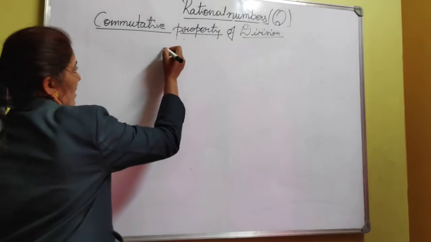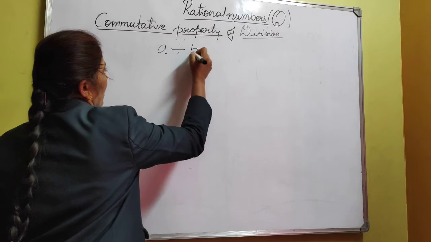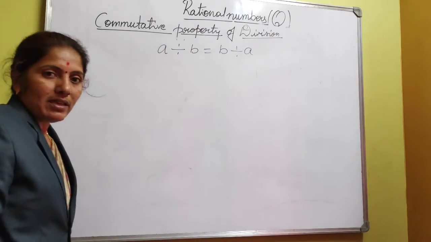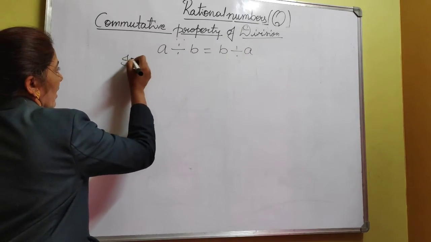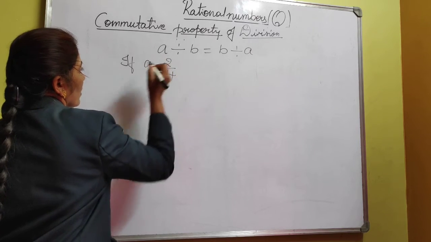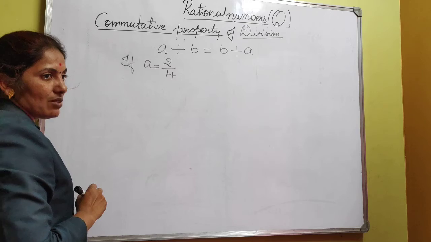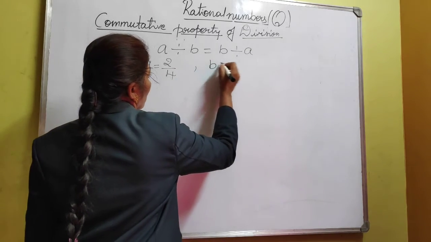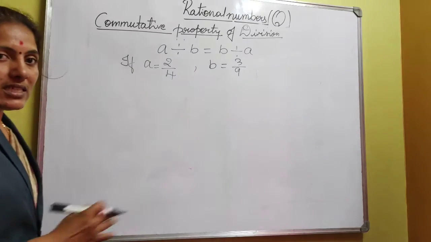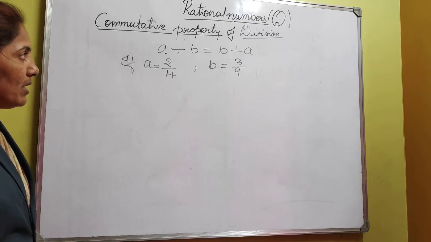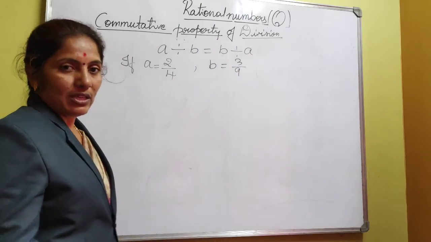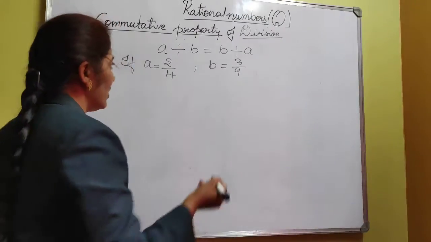It says A divided by B is equal to B divided by A. I will consider A equal to 2 by 4 and B equal to 3 by 9. Let us check whether the LHS value is equal to the RHS.